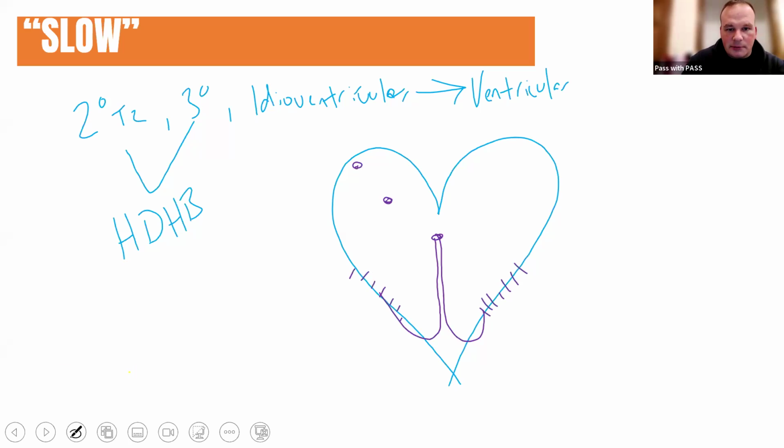Under normal circumstances, that SA node fires off to the AV. The AV node and the AV junction then decide to pass that down to the bundle of His, where that impulse conduction continues down the bundle branches and your Purkinje fibers, right? And as that process naturally occurs, I get atrial contraction and I get ventricular contraction or depolarization.